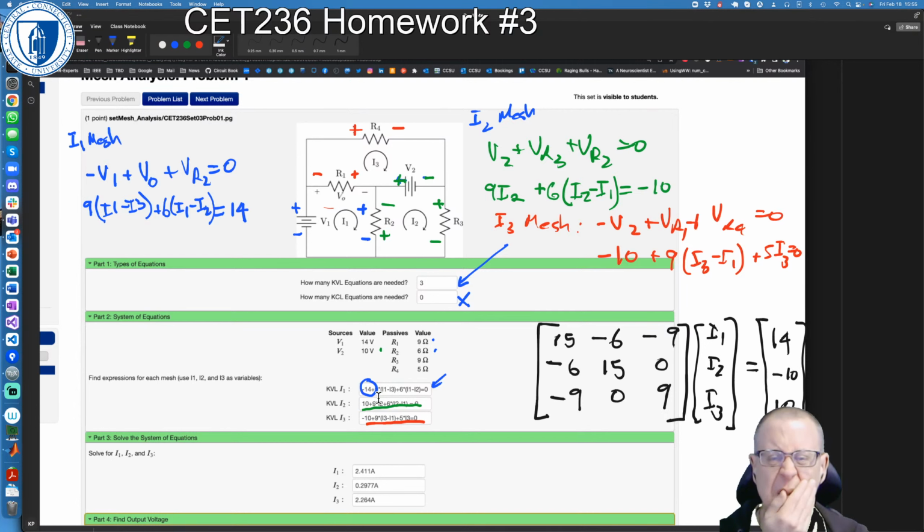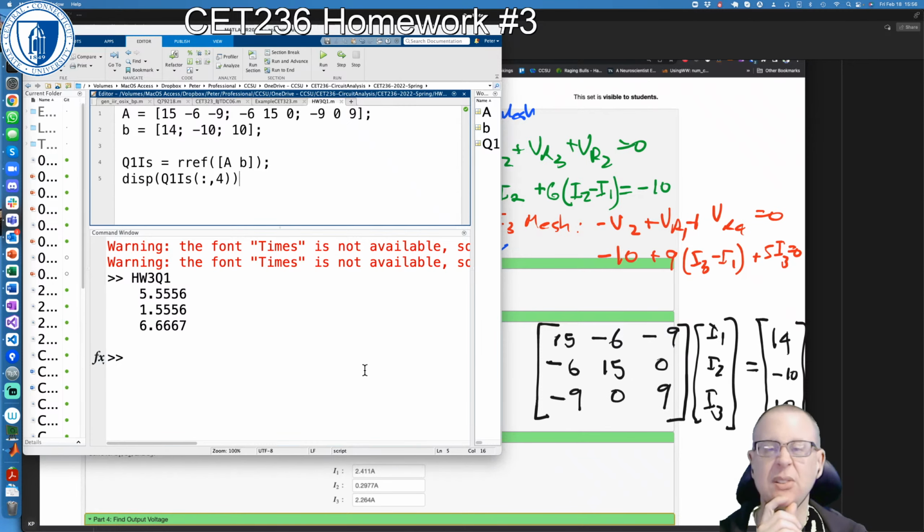Did I do something wrong? 9 times I2, 6 times I2 minus 6 times I1 equals 0. That looks okay. That's a little disconcerting. Why did I do that?